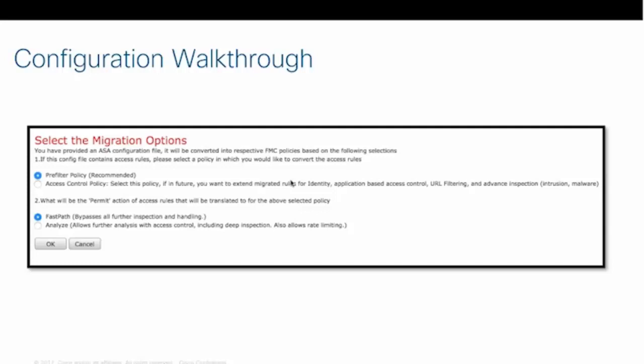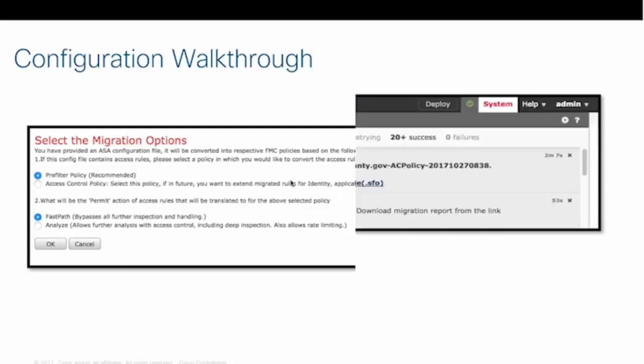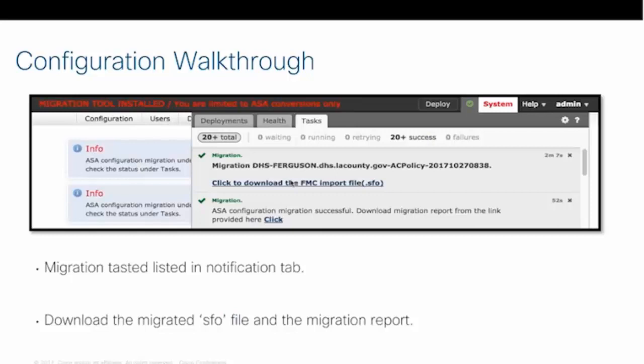It might take some time for the task to get reflected under the task status, but once the migration process has started, we can see the task under the taskbar. Here you can monitor the progress of the migration, and once the migration is completed, you can download the migrated file in SFO format along with the migration report from under this taskbar.